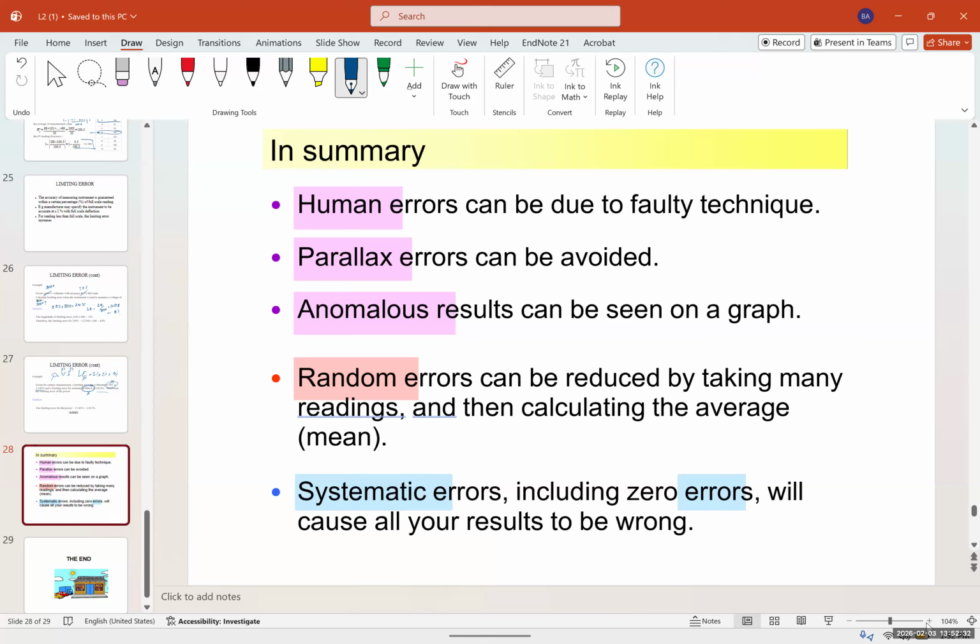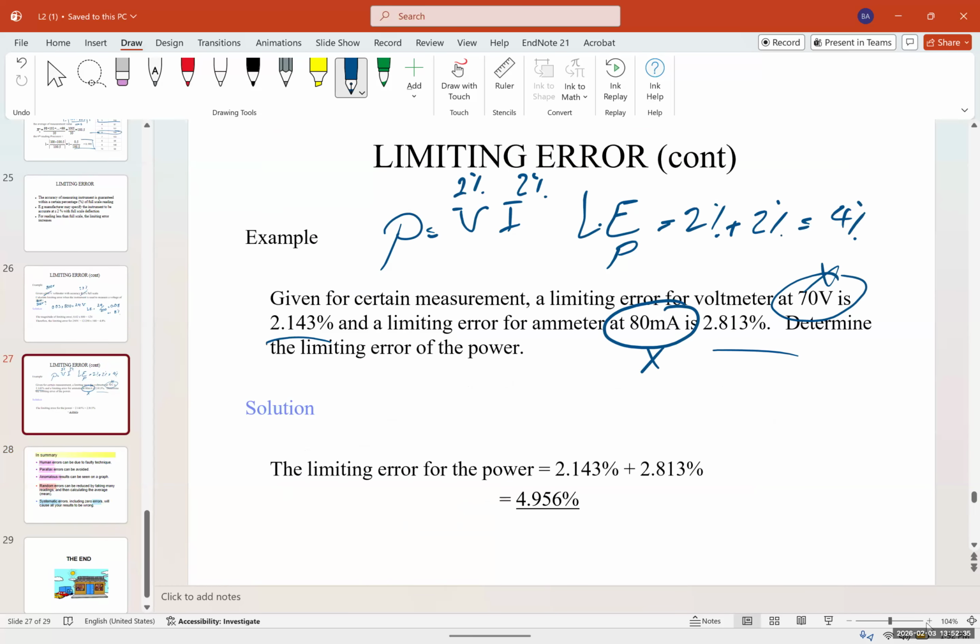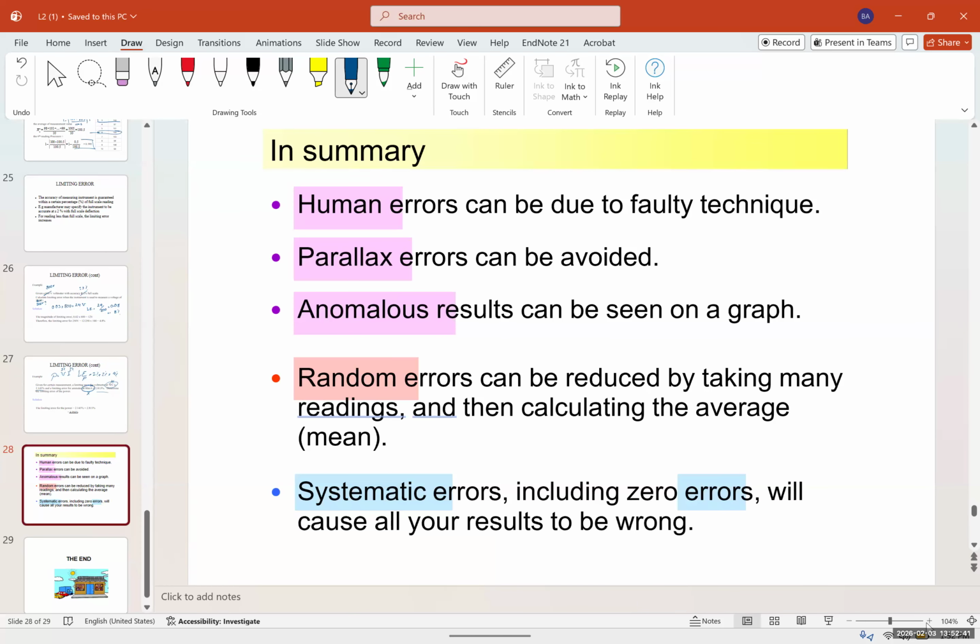Now, we learned about different types of errors: limiting errors, accuracy, absolute error, relative error. And in summary, we learned about other types of error. Human errors can be due to faulty techniques. For example, as I mentioned, wrong readings, such as reading 21.5 instead of 25.1 that we saw in the previous lecture. Parallax errors can be avoided.